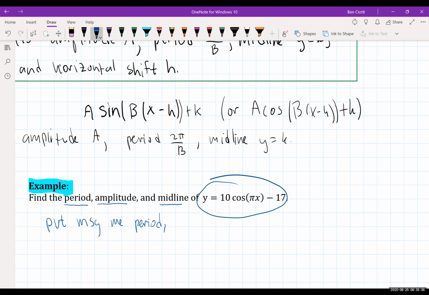Send me all three of the period, amplitude, and midline. I know it's early to start having to write stuff. Tell me about it.